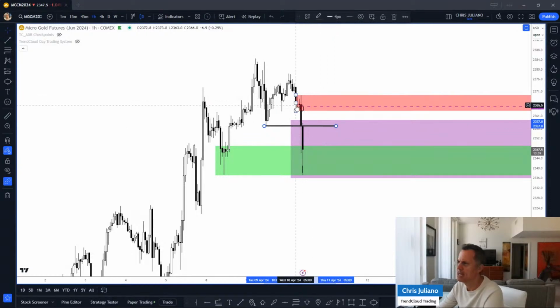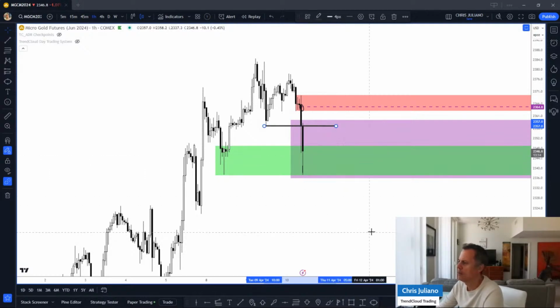This is a formation, right? Drop, base, drop, a formation that broke structure. That's very powerful. Any formation that you see that breaks through structure is super strong. All right.